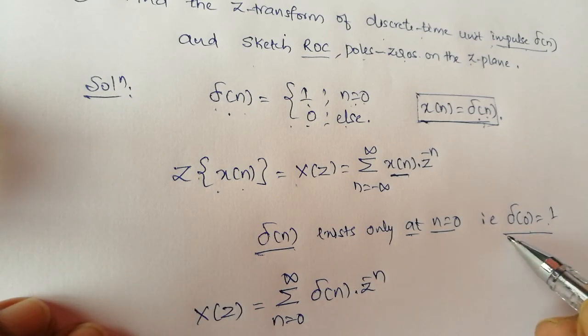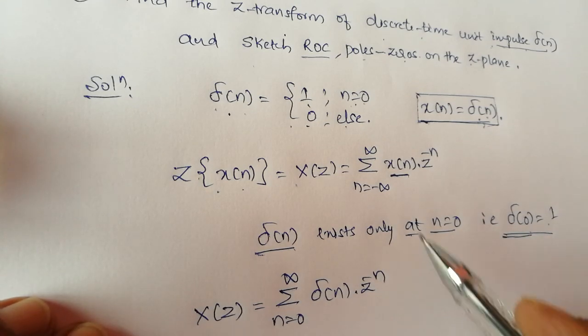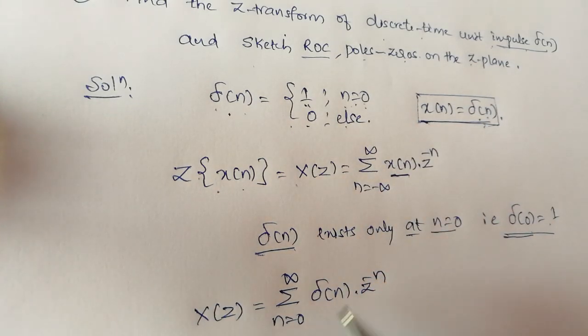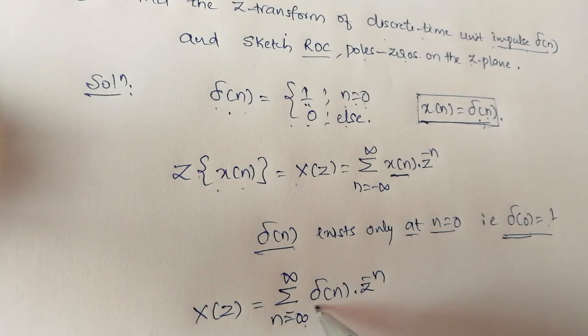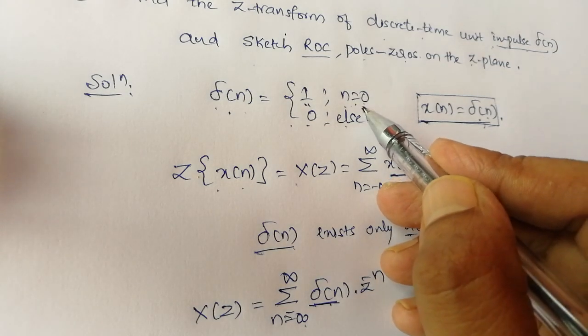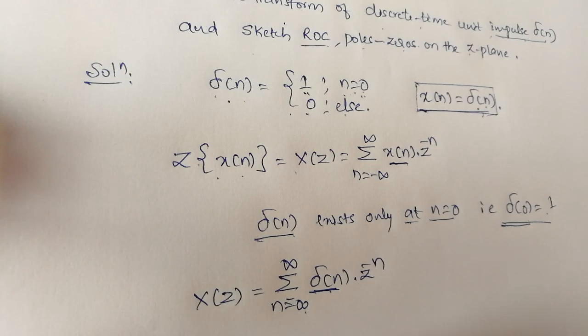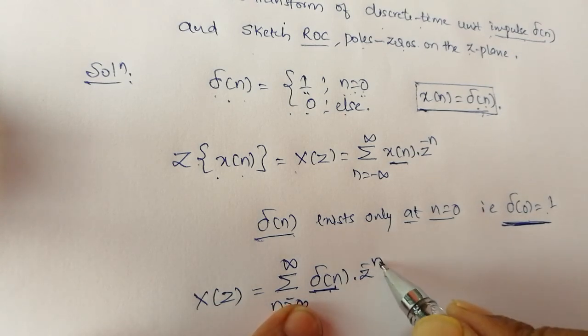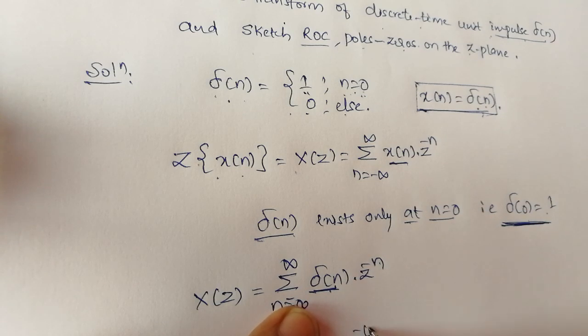But delta of n has its magnitude only at n equal to 0. Instead of taking limits from minus infinity to plus infinity, only delta of n equal to 1 when n equal to 0. So we are writing X of z is equal to delta of 0 multiplied by z to the power minus 0.